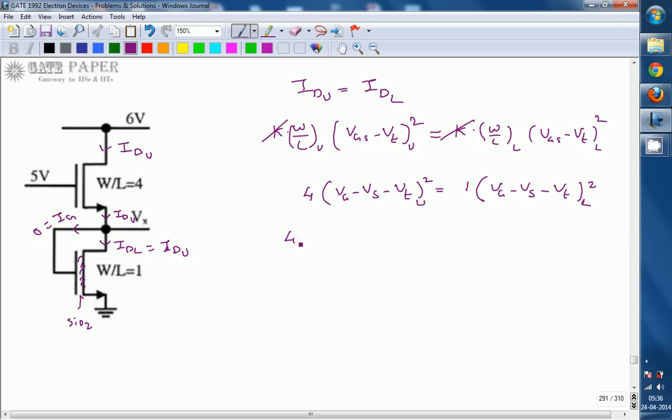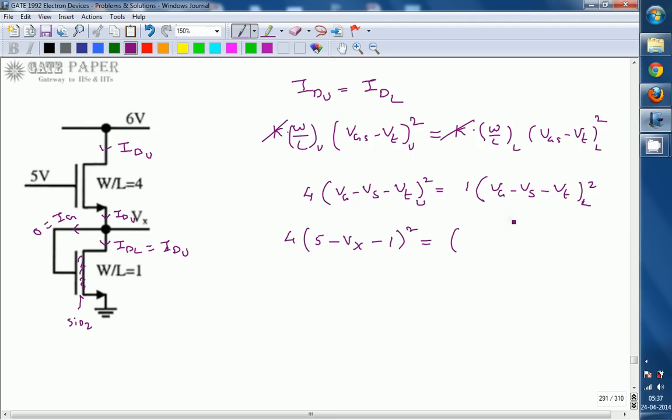So 4 times (Vg, the upper transistor gate voltage connected at 5 volts, minus the source voltage of the upper transistor. The source voltage of the upper transistor is this point, which we can call Vx), minus Vt, given as 1 volt, whole square is equal to 1 into something.